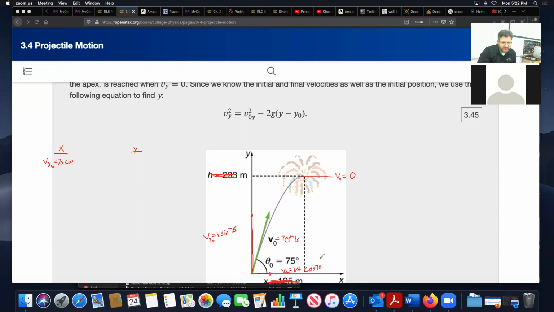I'm getting my numbers mixed up. The angle is 75, the velocity is 70. Okay, so that's my initial velocity in the x direction.